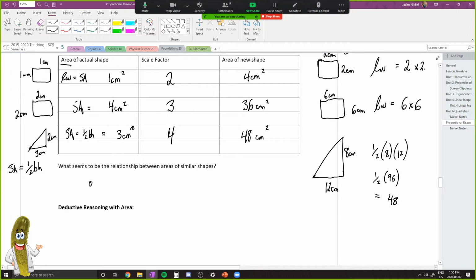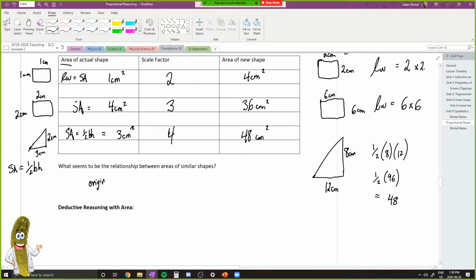The original shape, and then let's compare that to the new shape. The original shape, let's think about the square that we were using. Originally, all we were doing is the length times the width, and that was how we were figuring out the surface area.